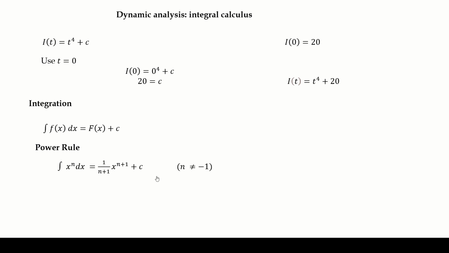What the power rule says is that if the given function has the form x raised to power n, all we have to do is add 1 to the power of the variable that we are integrating, and then divide by the same. Of course, n does not have to be equal to -1 in this case. We'll see what happens when n is equal to -1. There is a different rule for that case.